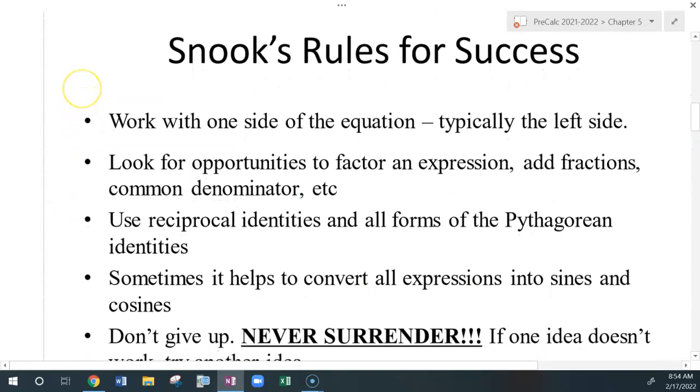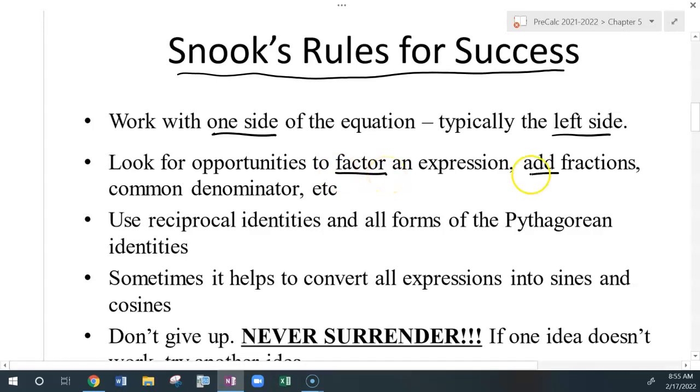First of all, I'm going to give you some tips for success. I call these Snook's rules for success. Work with one side of the equation only, one side. Usually it's the left, but every now and then the right will work better. You need to look for opportunities to factor, to add fractions, find a common denominator, things like that.